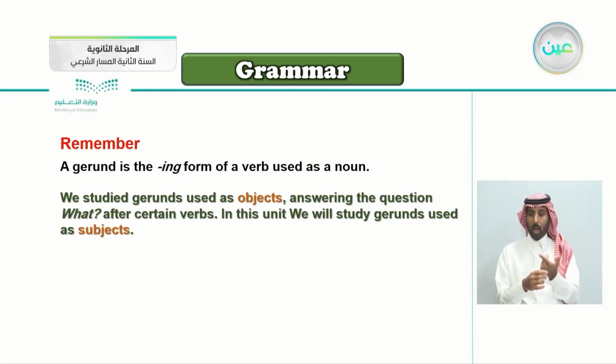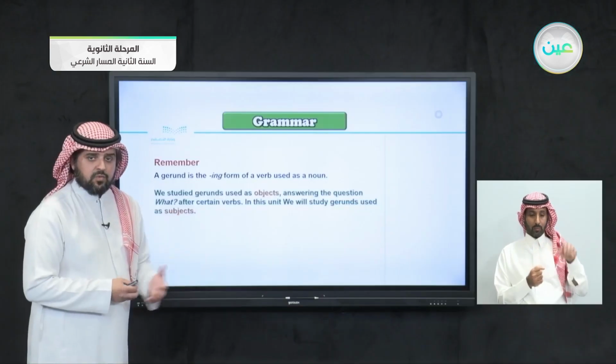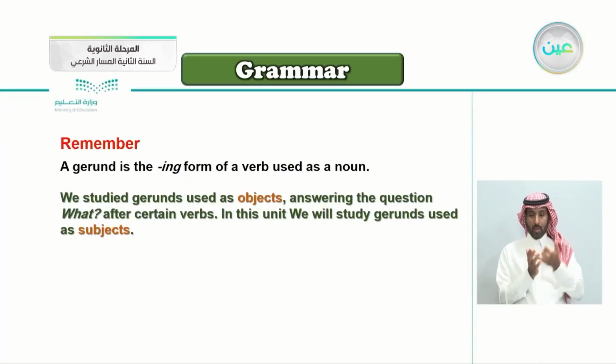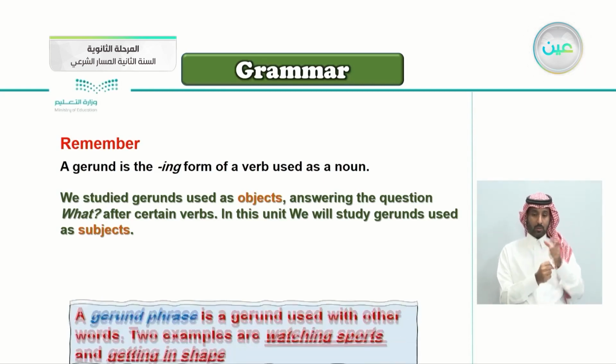In the previous unit, we studied gerunds used as objects, which answer the question what, after certain verbs. In this unit, we will study gerunds used as subjects. So previously we studied gerunds as objects, which answer the question what. But today, we'll be studying gerunds as subjects.